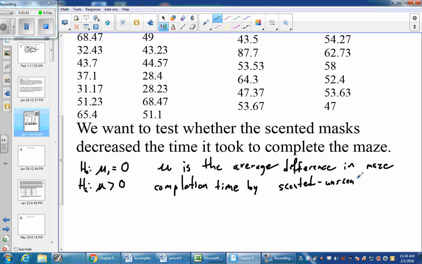So you have to be clear what two things we're subtracting. So now we have that out of the way.